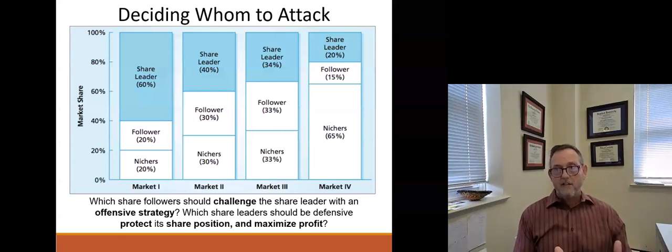And just again, think of the structure of the market in terms of how share is distributed across the different firms. In market one, you've got a share leader with 60% of the share, and the followers and the nichers, they call them, those would suggest that there's not a lot of strong competition.